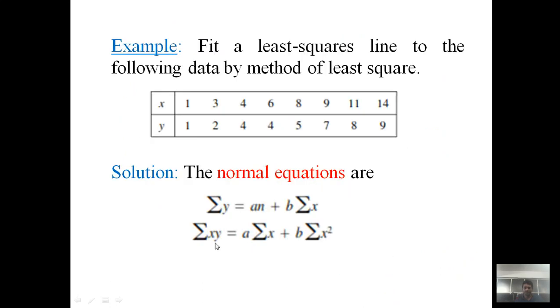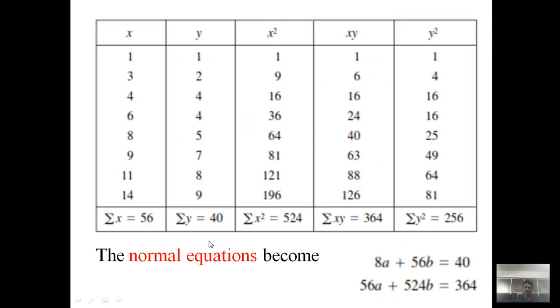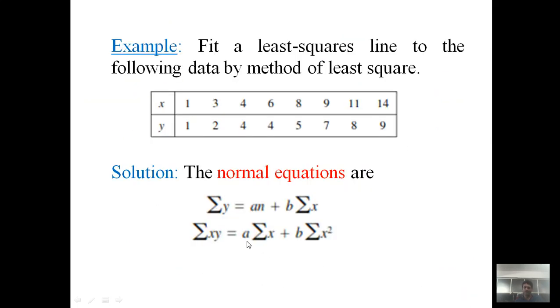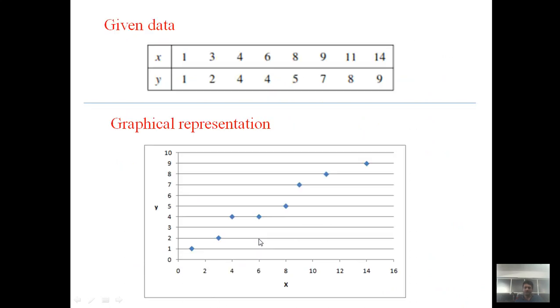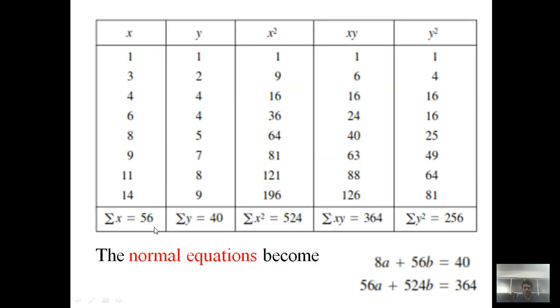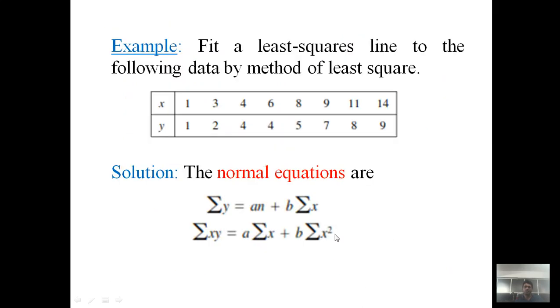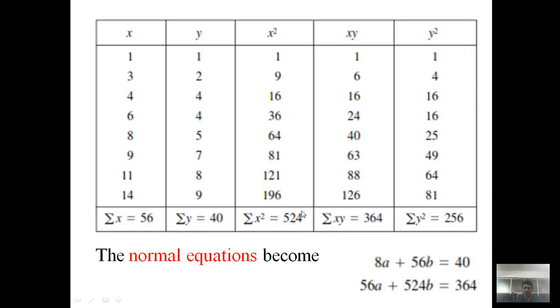Now the second normal equation: the sum of xy is 364, so 364 equals a, which is unknown, so as it is, times the sum of x which is 56, so 56a, plus b into the sum of x square, which is 524, so 524b. Remember, these are just two simple equations with only two unknowns, a and b.